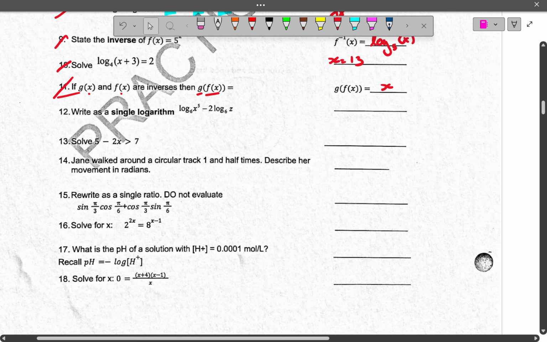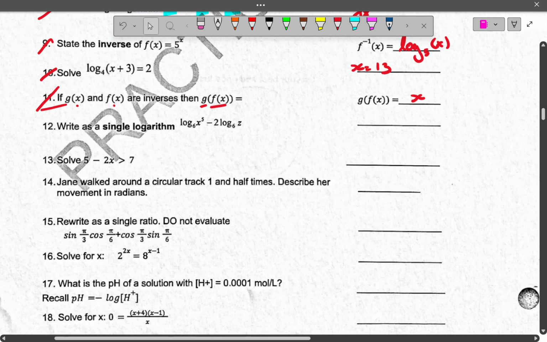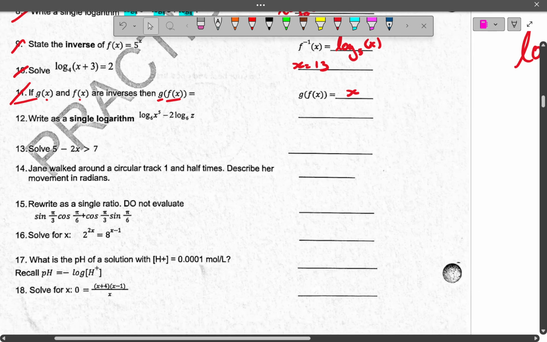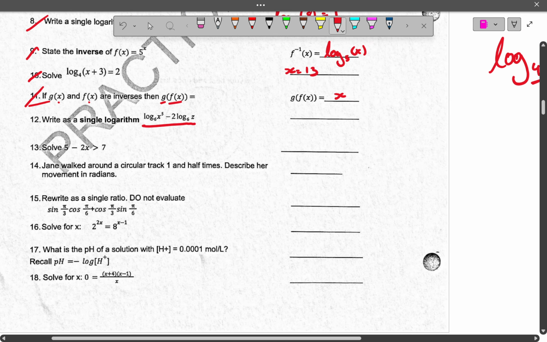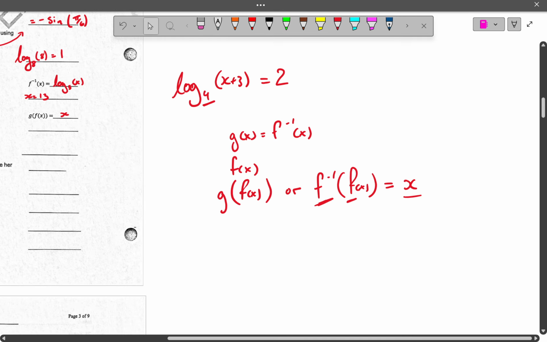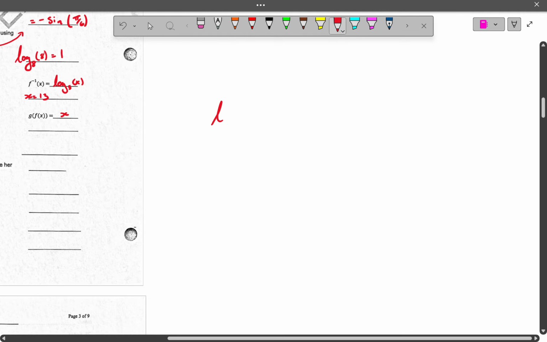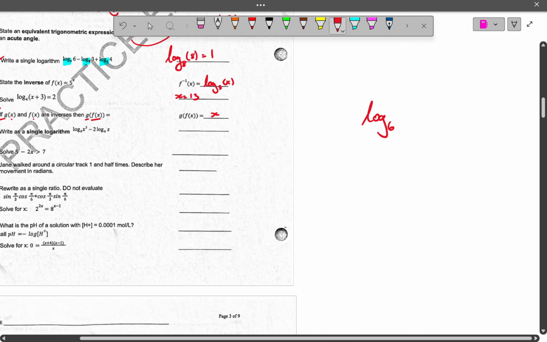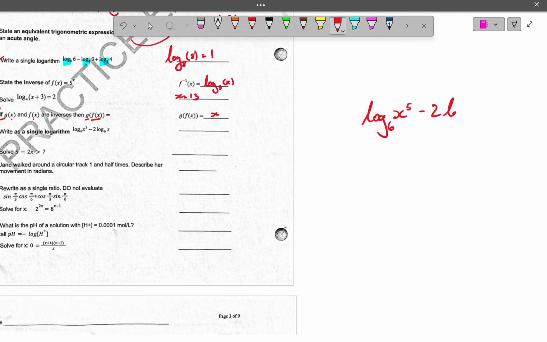This next one is similar to the one that we had done up here, question 8. So question 12 asks to write these here as one single logarithm. And so we're going to use the log rules again. I'll write that out here: log base 6 of x to the 5th power minus 2 times log base 6 of z.